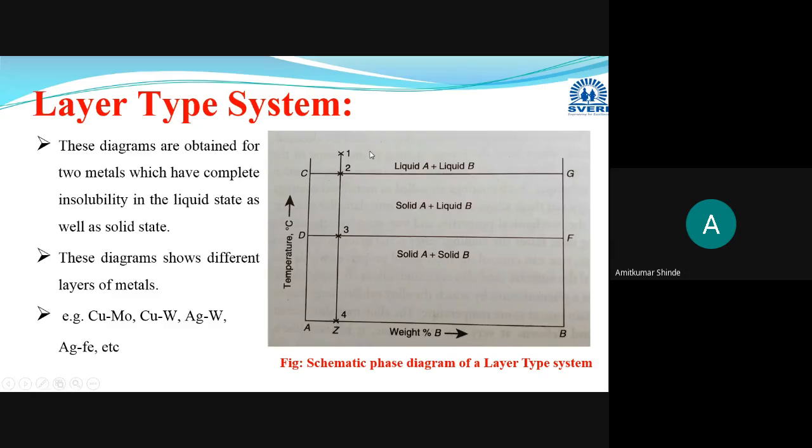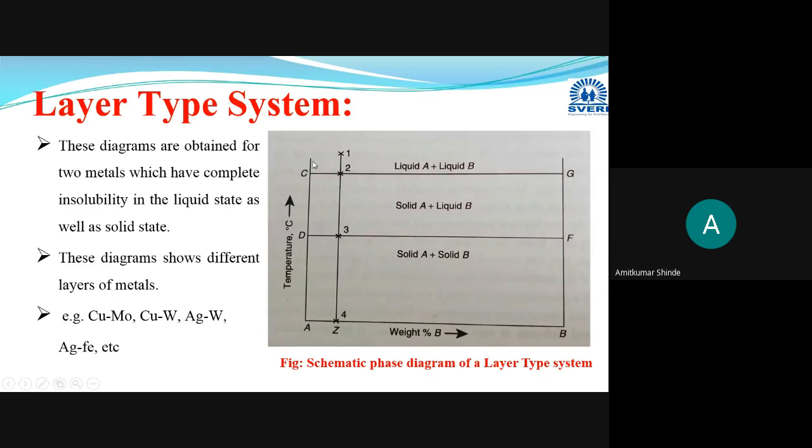Okay, this top line CG is the liquidus line, and this middle line DF is the solidus line. Below the solidus line, metals or alloys will be in only solid state, and above the liquidus line, in the liquid state only, and in between, the alloy will be in solid plus liquid state.